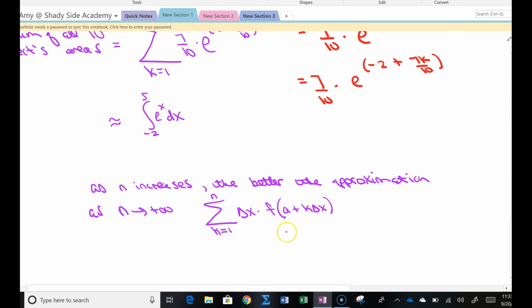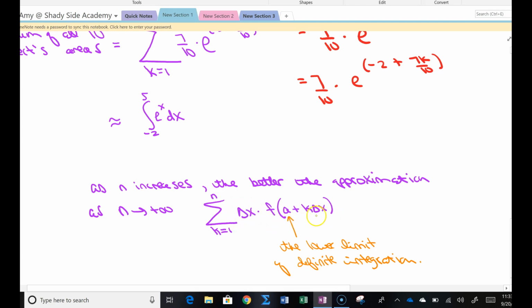Now, when I do this generically, everyone, what does a stand for? A stands for the lower limit of definite integration. This is just the summation from k equals 1 to n, n being the number of subintervals. Delta x is generically the width of each rectangle.